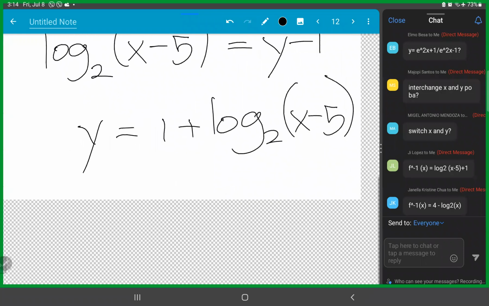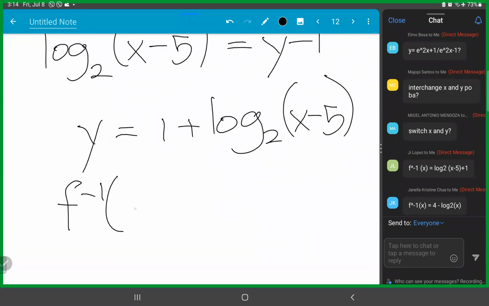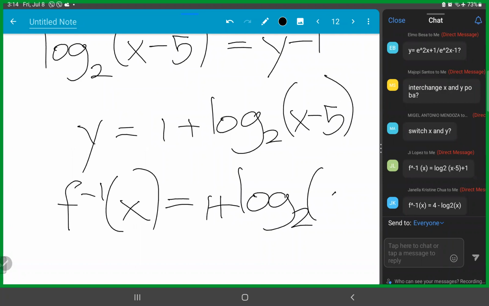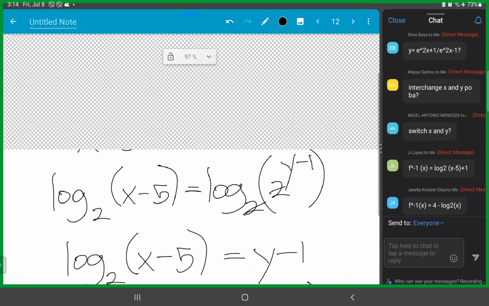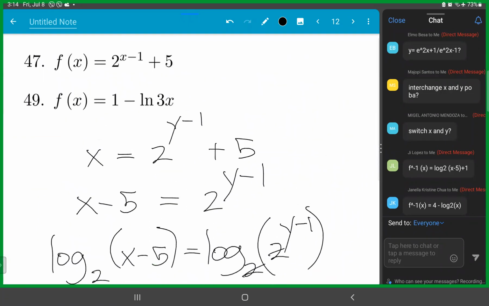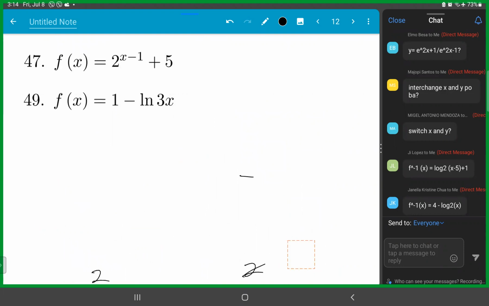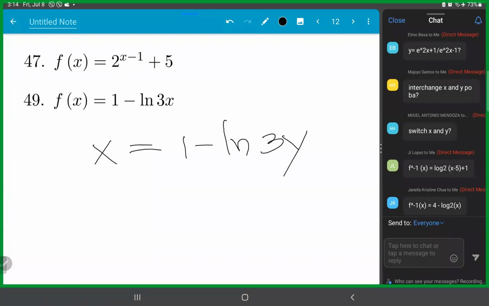Okay, so yeah, call f dot f inverse. If you have any question regarding solution, you may ask. And then let me show the one for number 49. Interchange, solve for y.